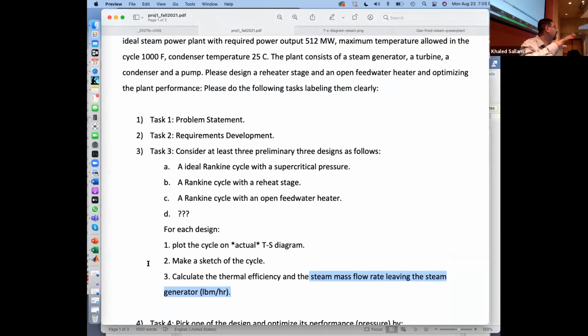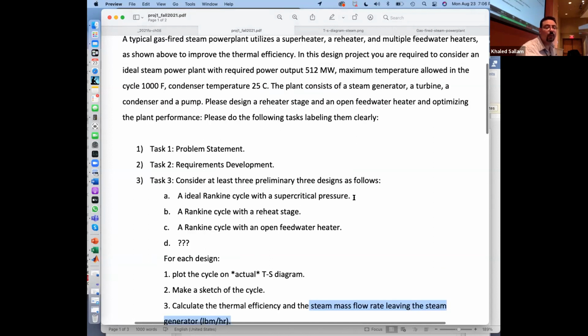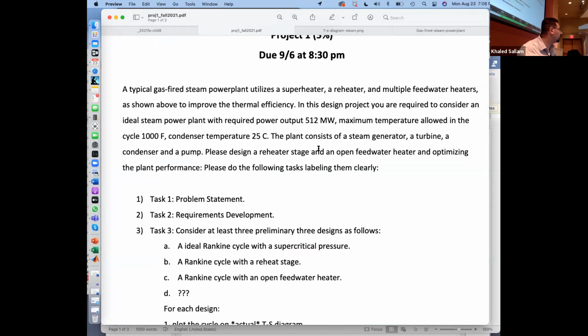Each one of them is scaled 1 to 4. The first one, problem statement, that's easy. That's basically rewriting what I just asked you to do. And that is 10%. You just say, the problem asked for designing a power plant that has this output, the temperature is limited to this, the temperature of the condenser is limited to this. It's done. That's the problem statement, 10%.